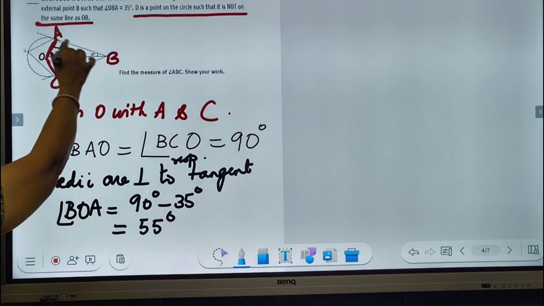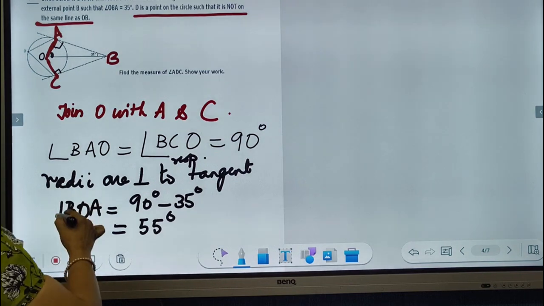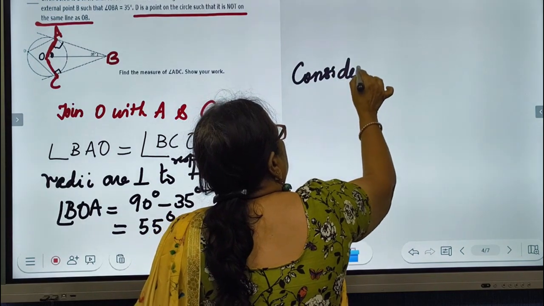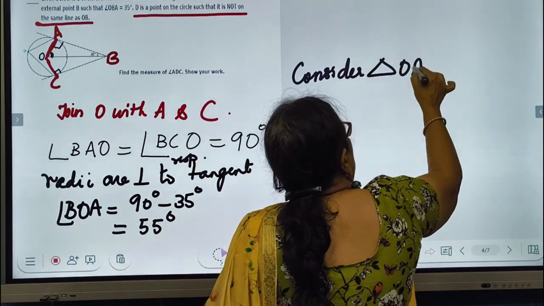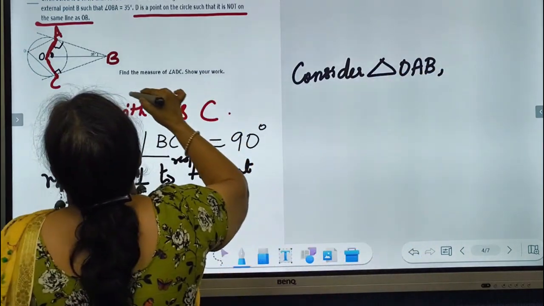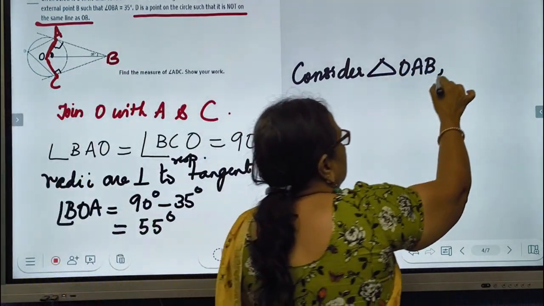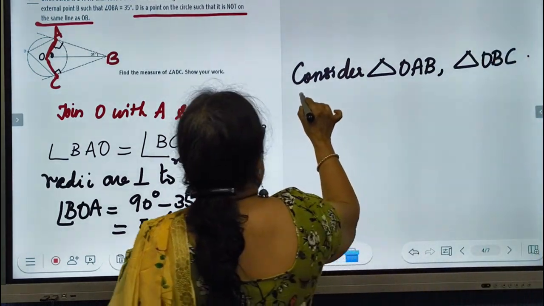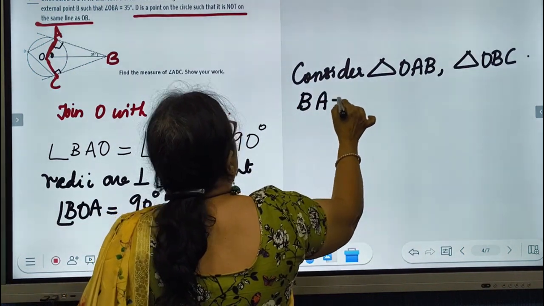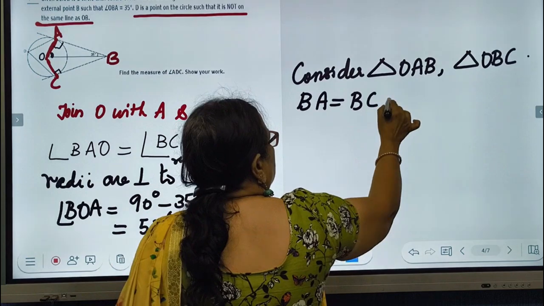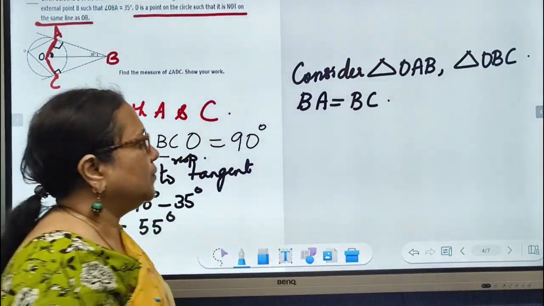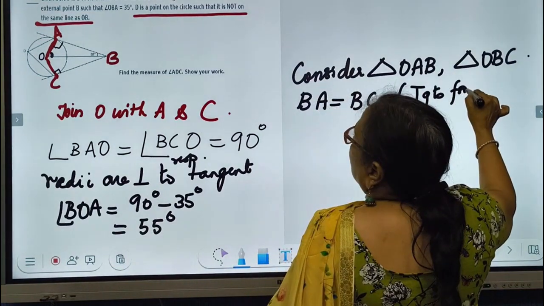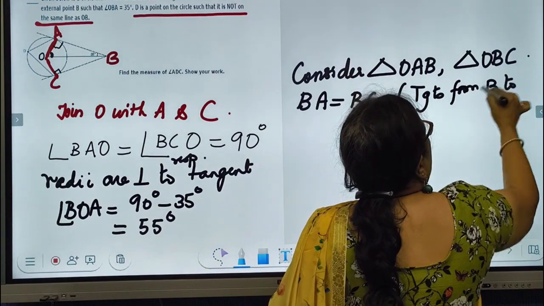Now, consider triangle OAB and triangle OBC. Are they congruent? That is my question. BA equal to BC. Tangents drawn from an external point to a circle are equal. So tangents from B to the same circle.